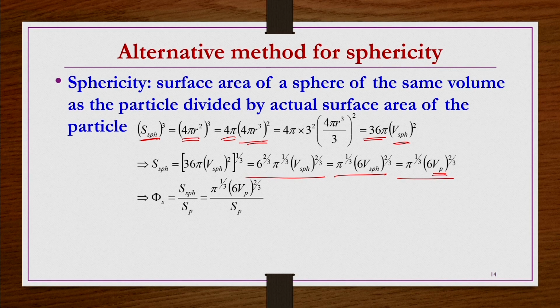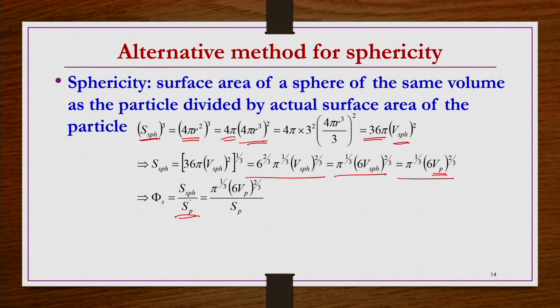That means, from here, pi s is equal to S spherical divided by Sp, that is the surface area of the spherical particle divided by the surface area of the particle whose volumes are same, that is, the volumes of the spherical particle and the irregular particle for which we are measuring sphericity are same. So, then their surface area ratio is going to give us the sphericity.